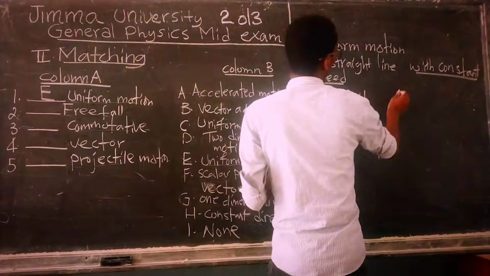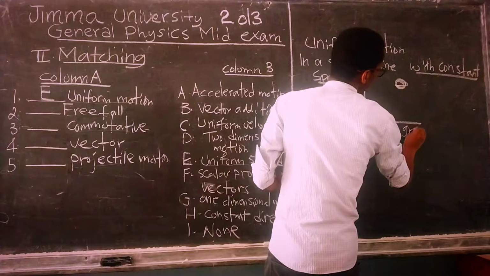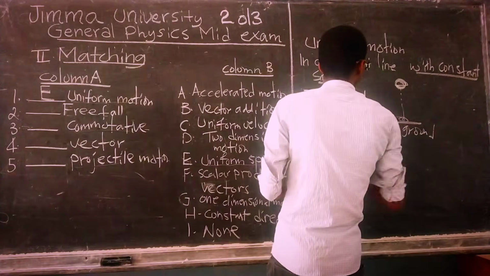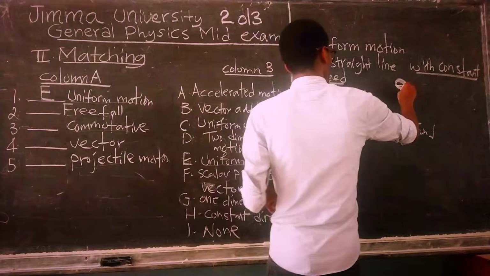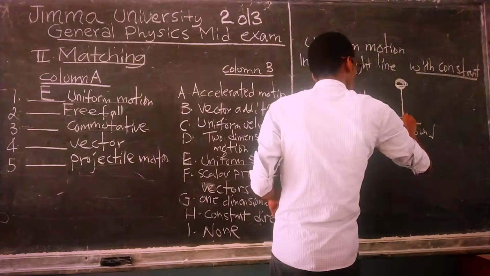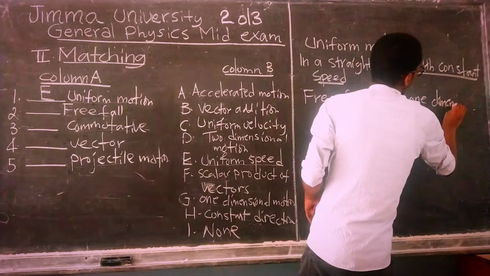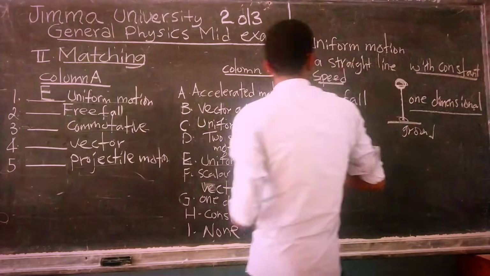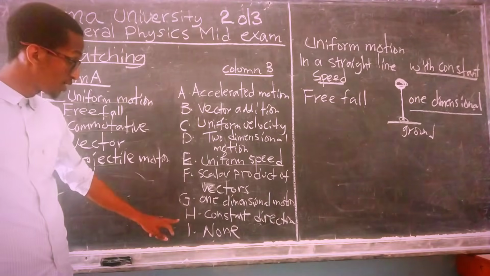So if an object is here and this is the ground, and if it falls down here only with the force of gravity, we call it free fall. So it's one-dimensional motion.